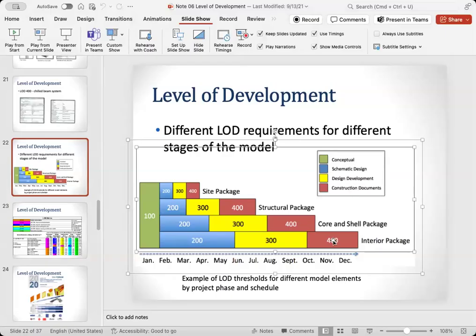The construction documents are more detailed so that you can follow them to finish your construction. But design development is not as detailed. You can get an idea of how the building looks when it's constructed, but you cannot use it as a guide to finish your construction operations, right? So that answers your question for that one.